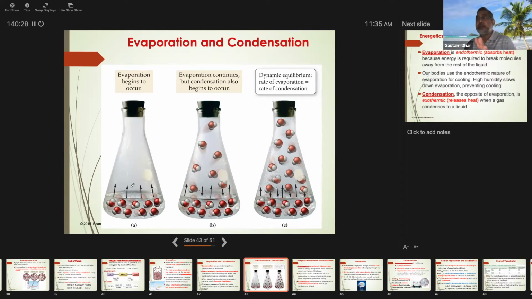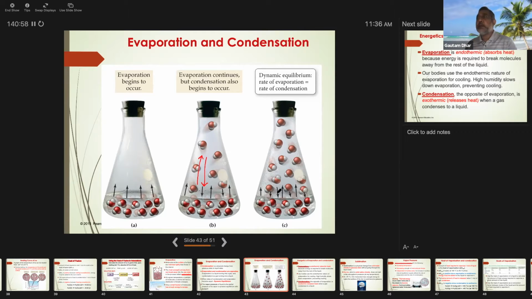But as molecules accumulate in the vapor phase, they also start to come back to the liquid state. These two processes eventually become equal, and we say equilibrium is established. So equilibrium is a situation where two opposing processes have the same rate.